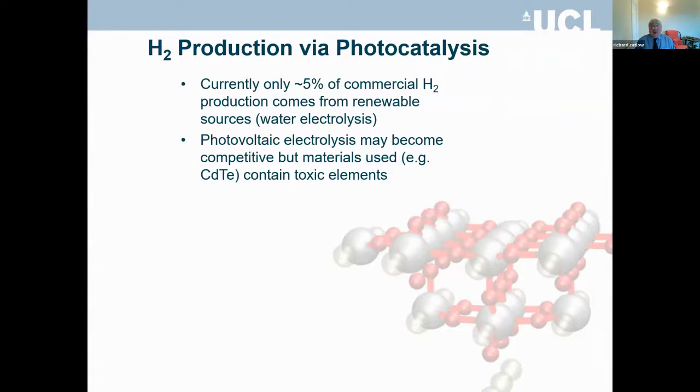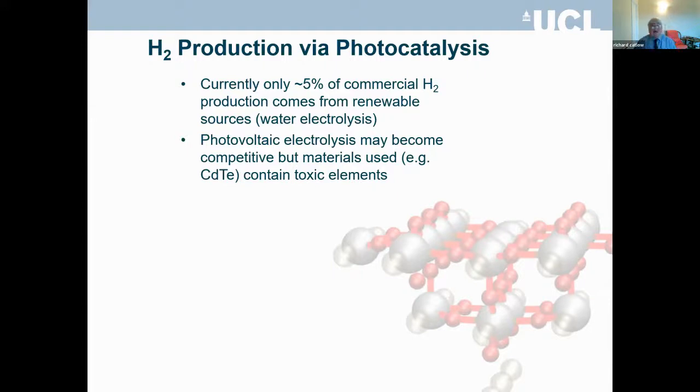We quite rightly think of hydrogen as a green fuel, but then if we take a step back, we have to note that currently only perhaps 5 to 10% of commercial hydrogen comes from renewable sources, mainly actually from water electrolysis. Most commercial hydrogen essentially is produced by reforming of methane. So it's actually produced from fossil fuels.